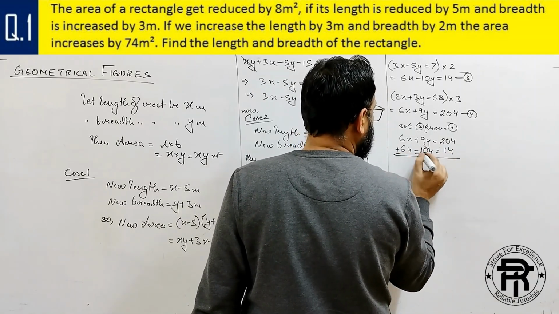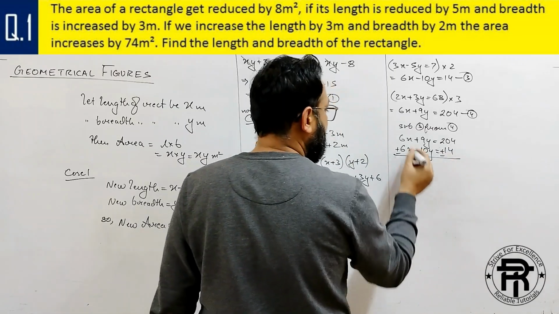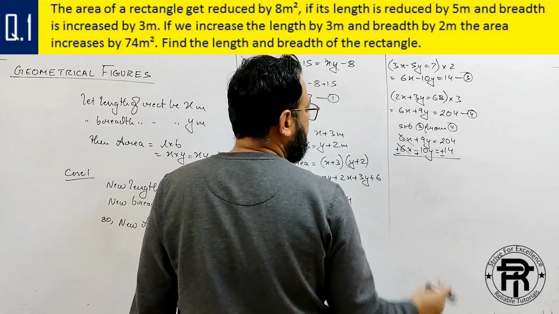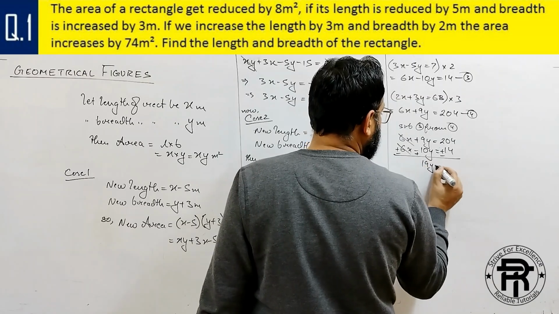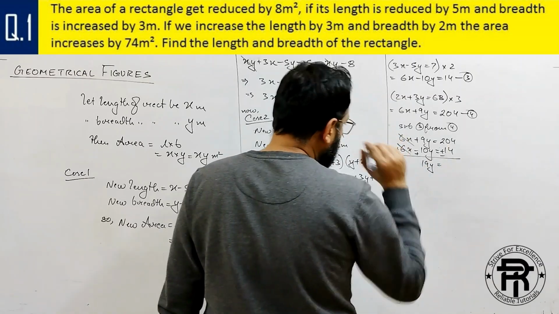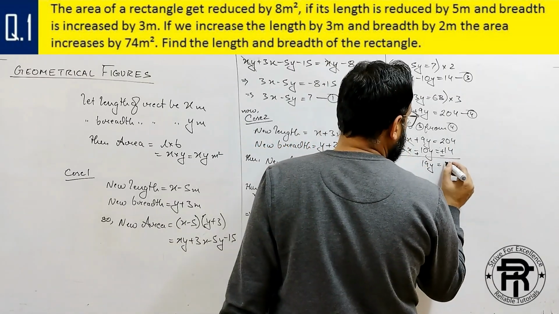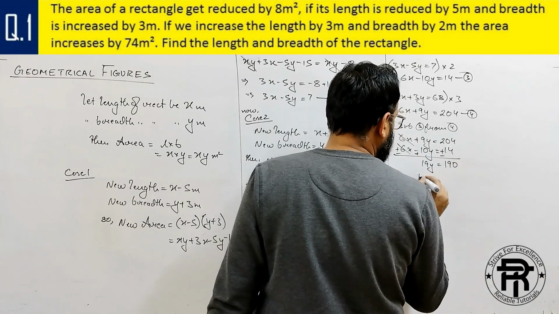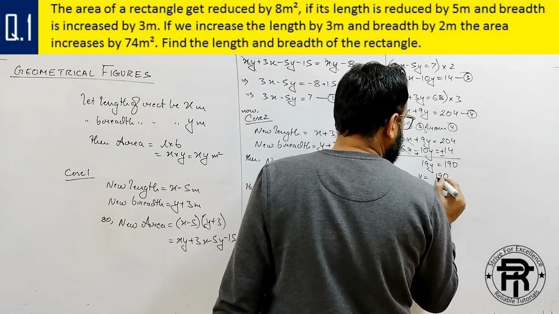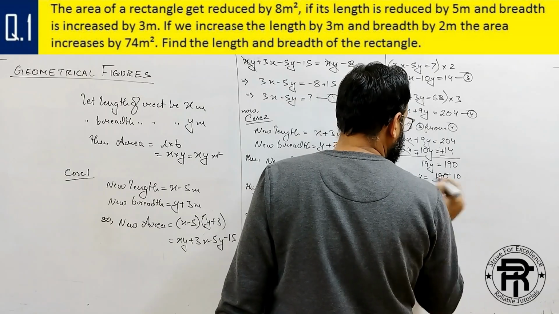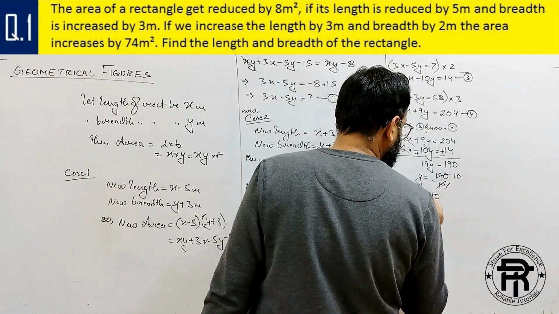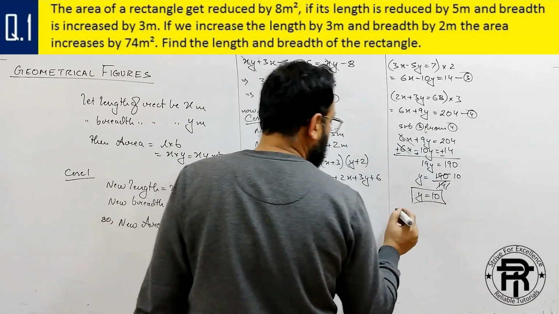Subtracting: plus becomes minus, minus becomes plus. 6x minus 6x cancel. 9y plus 10y, that is 19y is equals to 204 minus 14, that is 190. That means the value of y is equals to 190 upon 19, cancel 1 and 10. The value of y is 10. One answer has come.